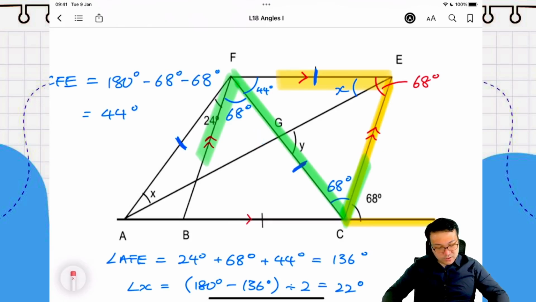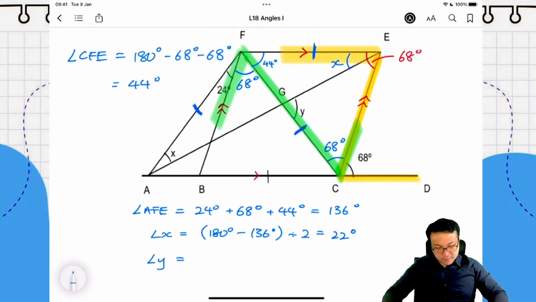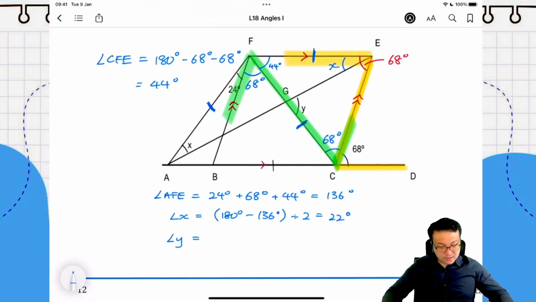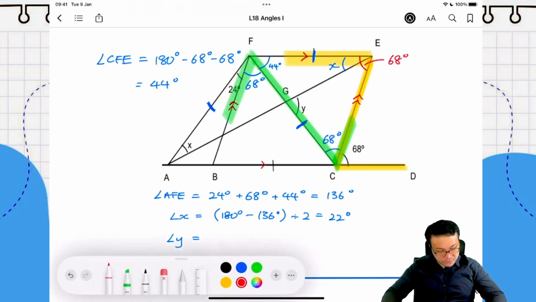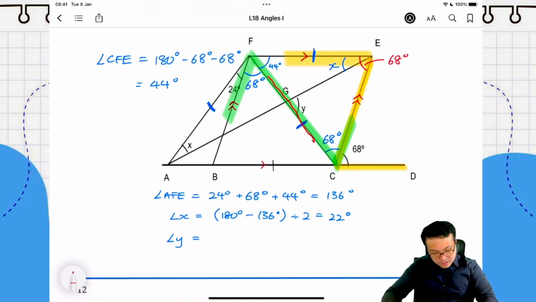How about we do a shorter way? Why not we use our favorite rule? You know what's our favorite rule? The exterior angle, right? Do you notice that angle Y is an exterior angle? Let me draw this triangle.